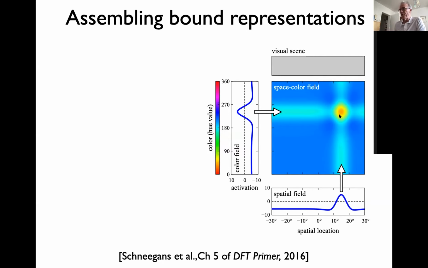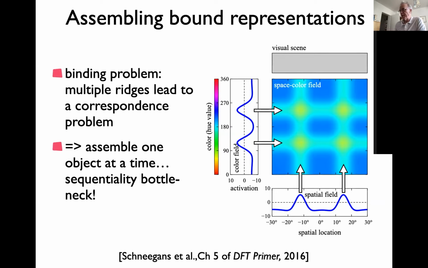That leads to the binding problem. Some of you might have heard about the binding problem. It's discussed also in other frameworks of how you go about binding. It's a concept in cognitive psychology. So the binding problem arises here in the sense that if you are trying to assemble the features of two objects at the same time, for instance, there is a blue object and a green object at these two locations.